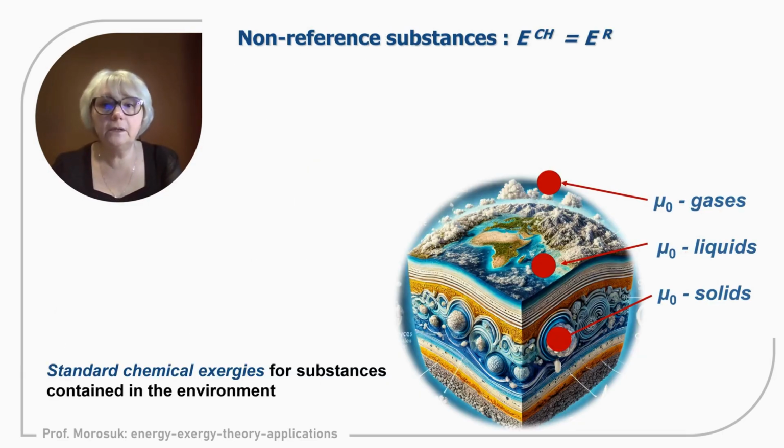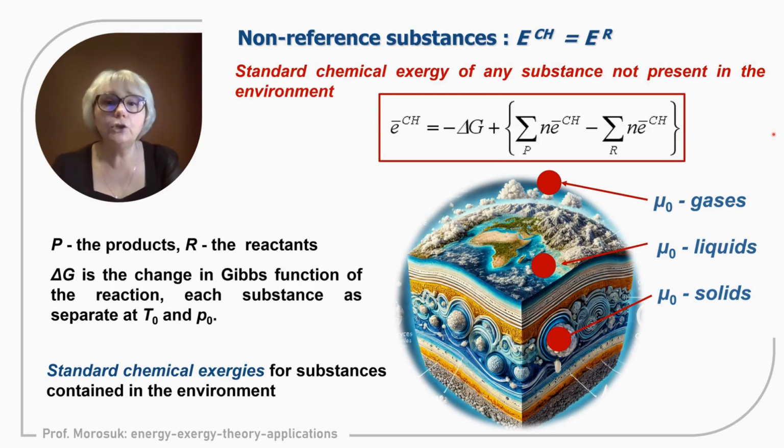And we can conclude that for all non-reference substances that we cannot find in the reference thermodynamic environment, we need to consider the reaction part of chemical exergy, and we always need to calculate the value of chemical exergy using the Gibbs function. Without the Gibbs function, we cannot calculate these values. But Gibbs functions are also variables from the second law of thermodynamics that are easy to find for all working fluids.